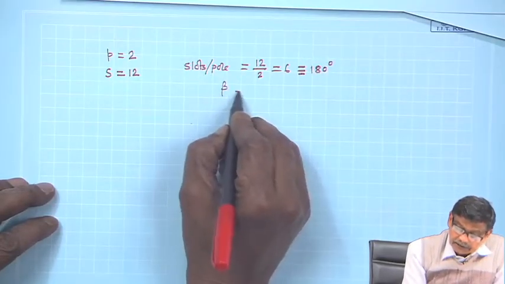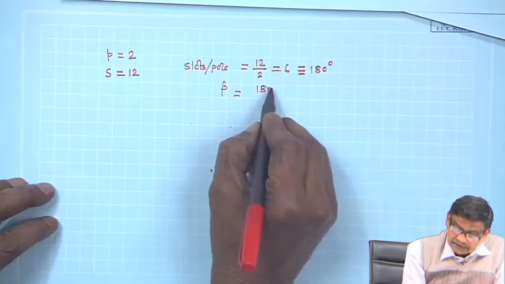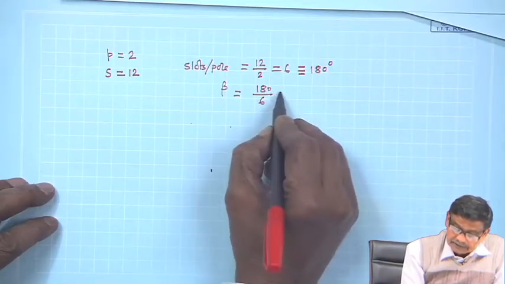Therefore, the beta value is known: 180 by 6, that is 30 degrees.